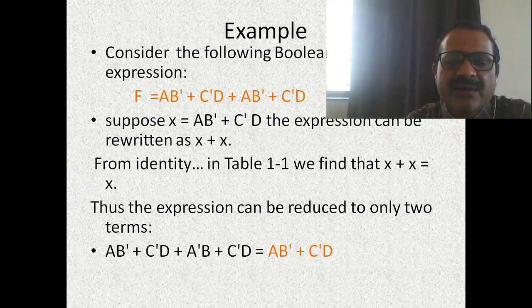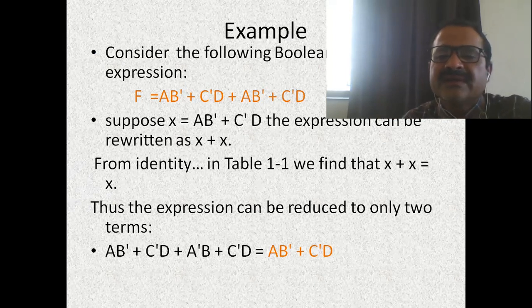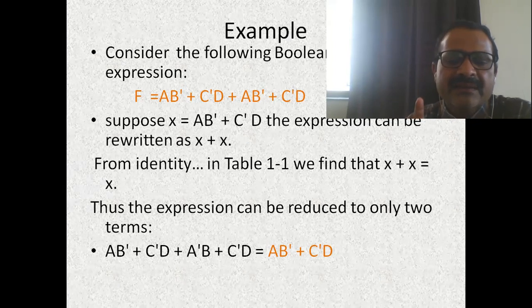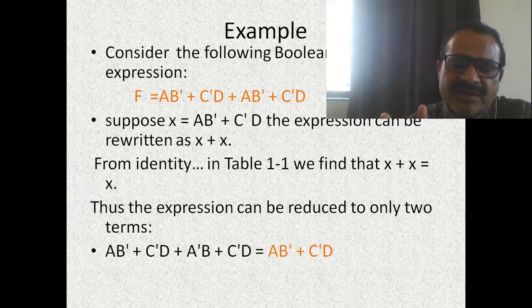This is what we can go from a difficult, complicated, large expression to a very simple form where there is one binary OR operation, binary addition operation, there are 2 inversion operations, and there are 2 binary multiplication operations or AND operations.